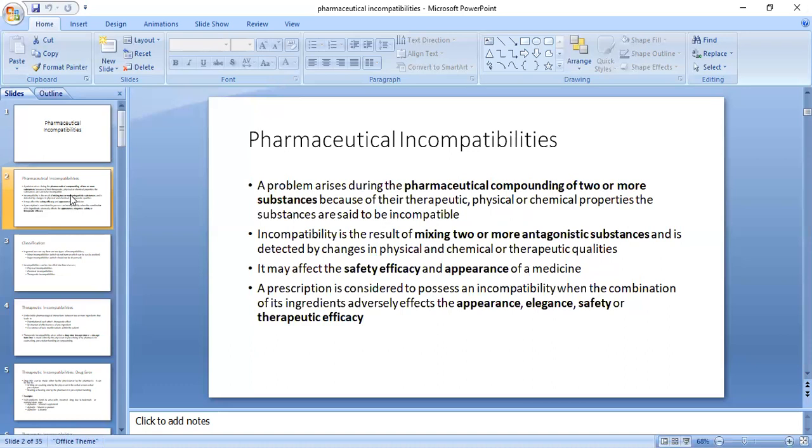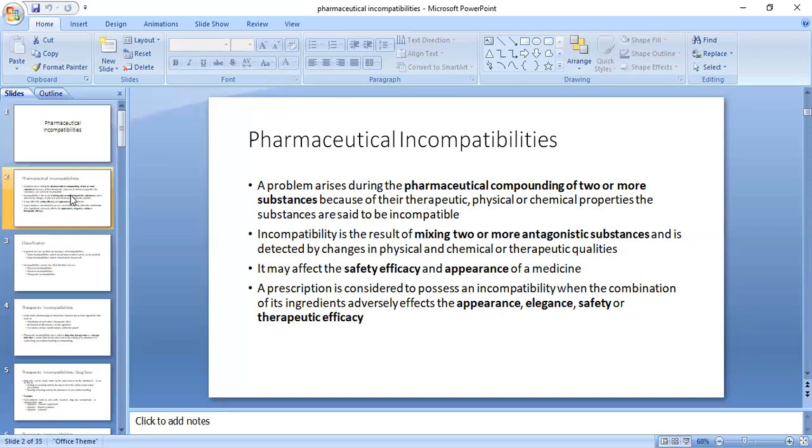Incompatibility is the result of mixing two or more antagonistic substances and is detected by changes in physical, chemical, or therapeutic qualities. It may affect the safety, efficacy, and appearance of a medicine.